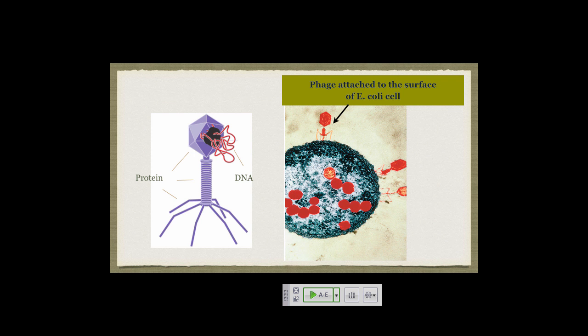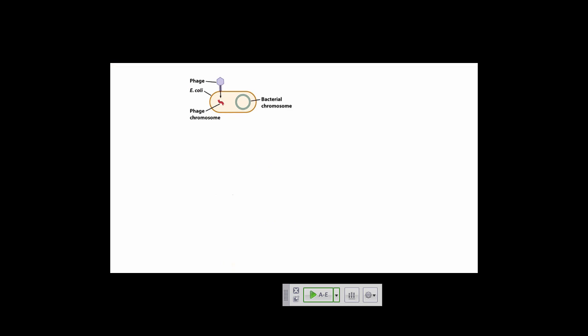Okay, so here's just an electron micrograph. So here are the bacteriophage attaching to the cell. So the whole question is, which molecule is getting transferred into the cell? So I'll just go through this, and then we can come back and review this when we come back on Wednesday. So here's the bacteriophage. It attaches to the E. coli.